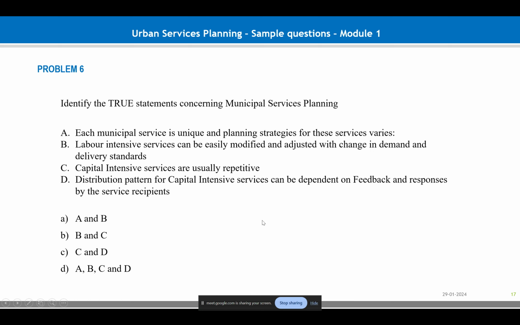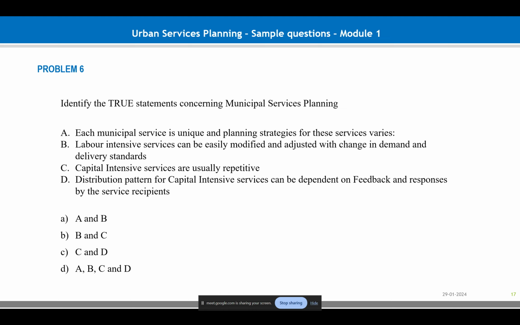But in a capital investment, that's not possible, because the design period, which means the period up to which the facility must last, will be much higher for a capital investment project, because you're investing that money to buy some equipment. Capital investment projects are ones where you have heavy machinery, or an establishment or an institution which has been set up, which means that it cannot be modified much. So that is the difference between labor intensive and capital intensive services. So yes, both are correct.